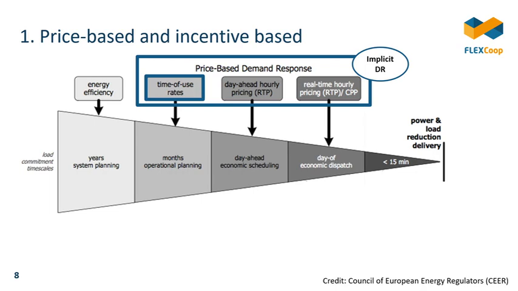Basically, this would enable utilities to adapt the consumer profile, or to impact the consumer profile in order to flatten the consumption curve, and affect the operational planning months ahead, and to avoid peaks, for example.